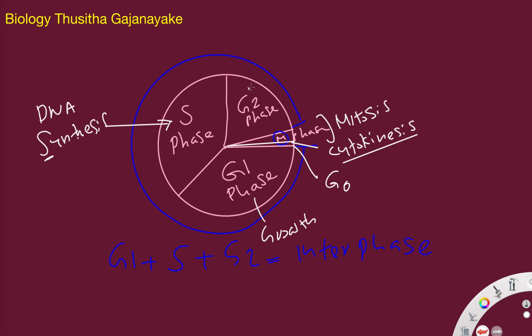Next we enter G2 phase. Now G2 phase is again a phase where the cell tries to increase its growth and organelles. And certain organelles, for example centrioles, start to double at G2 phase, because centrioles play a big role in mitosis, cell division.